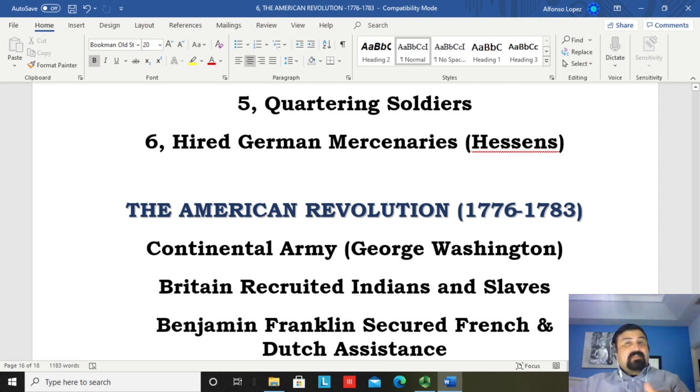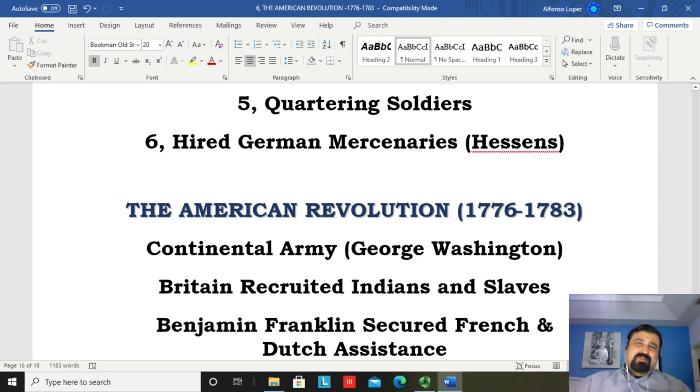And also, last but not least, is again that the English king was hiring German mercenaries to fight in Massachusetts. So in many cases, the so-called British troops that were in Massachusetts fighting the rebels were not even British. Those were actually German mercenaries that were fighting the colonists as well, the Hessians they were called.